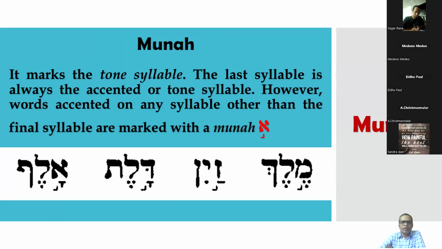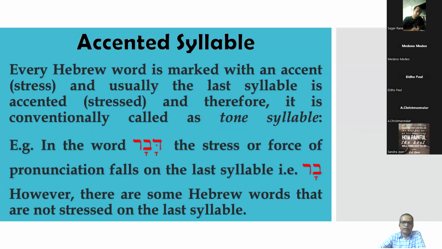Now, there are accent signs in Hebrew which indicate that stress should be given to the place where these accents are kept. To make it very simple, in any Hebrew word the last syllable is the accented syllable and you will not see any sign. In more than 90% of cases, you will not see any sign. So it is understood that the last syllable should be stressed.